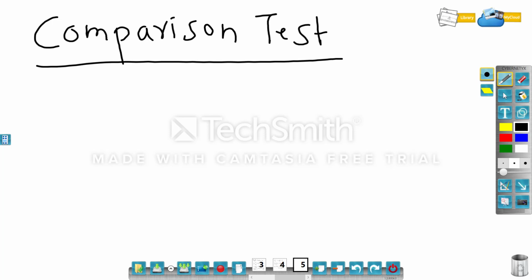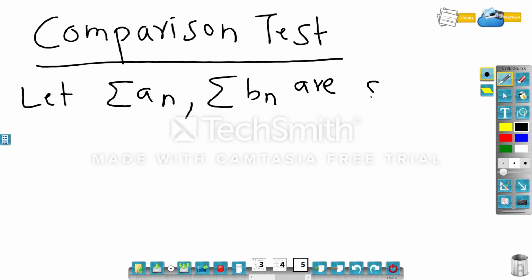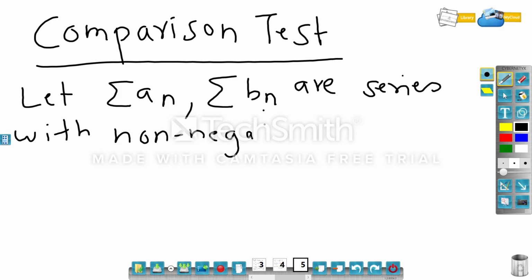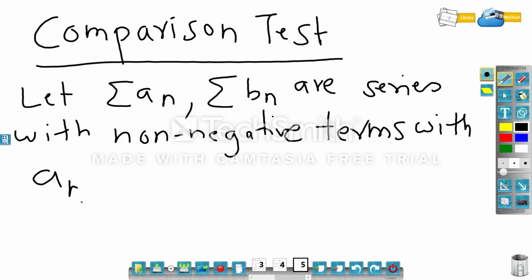The statement of the theorem is: let series an and series bn be series with non-negative terms, with an always less than or equal to bn for all n belonging to the natural numbers.